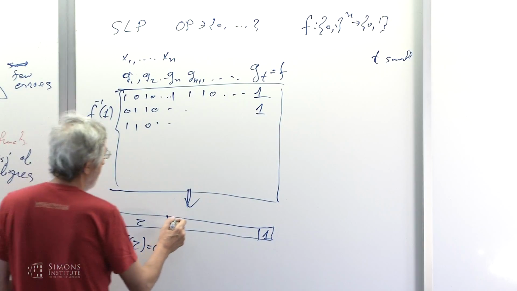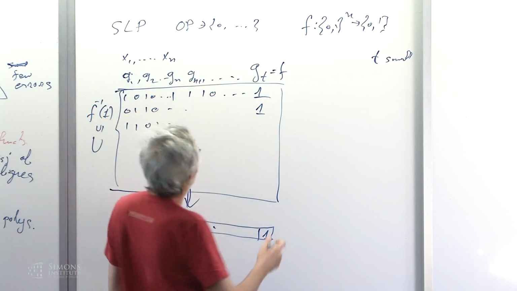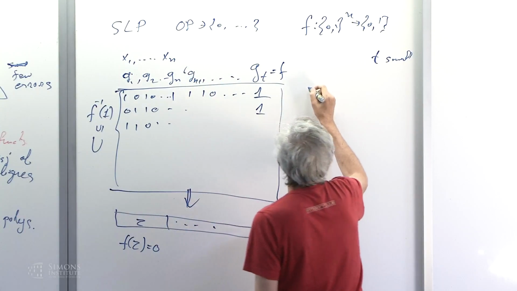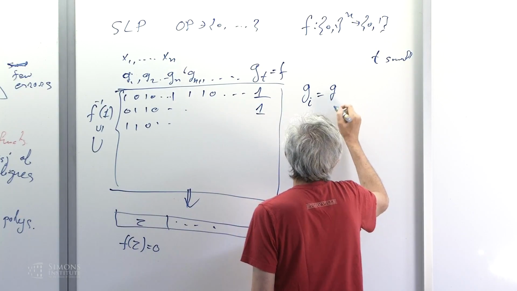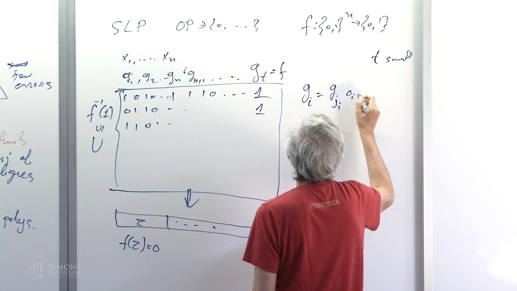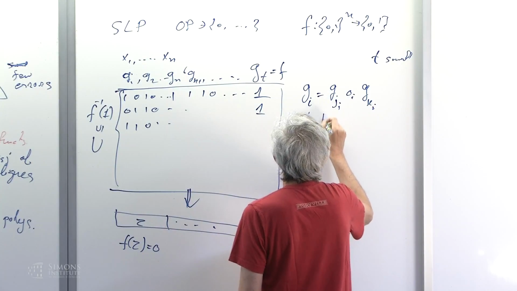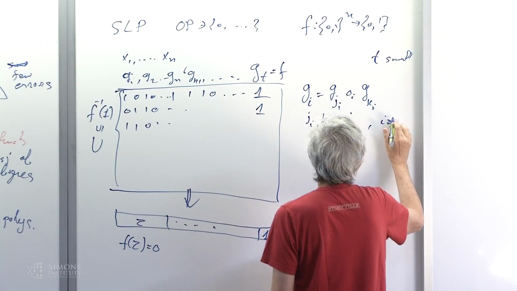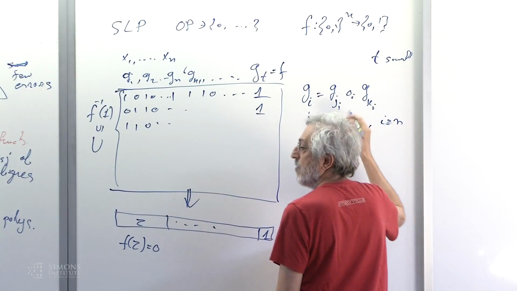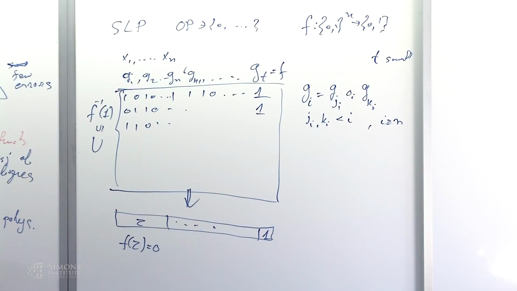And here there are things that hopefully are legal computations in this program, starting from here, G_i is G_{j_i} operation_i G_{k_i}, where j_i and k_i are less than i. So normal gates of a computation, you compute things, or otherwise they are just variables. And you hope that the sequence you have created respects this.